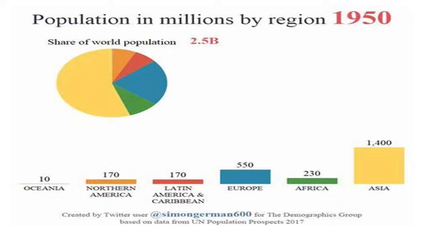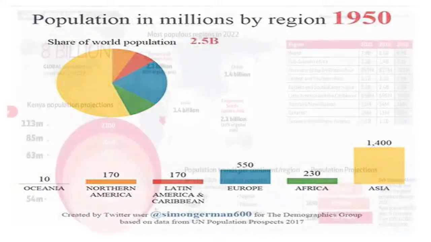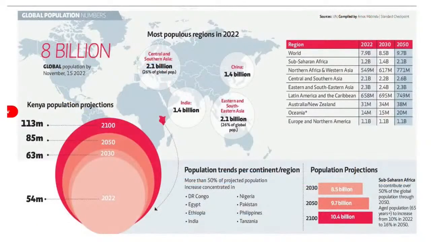You see, in 1950, the population in Africa was only 230 million. That is 1950. Now the world population stands at 8 billion, where sub-Saharan Africa and other places like Asia are increasing at an alarming rate.